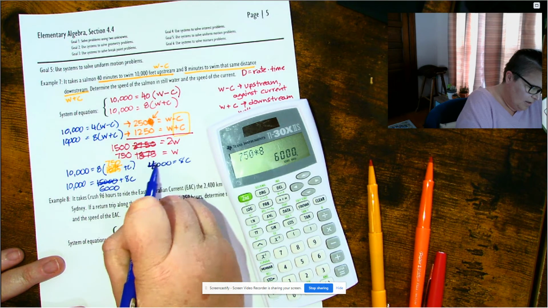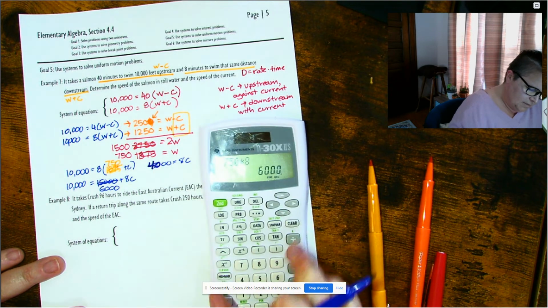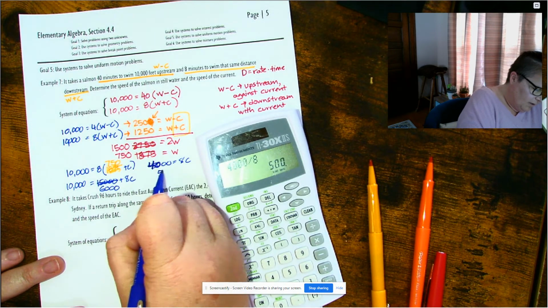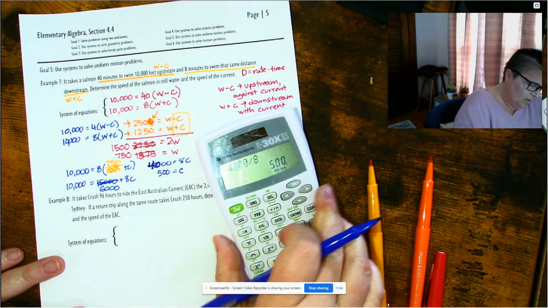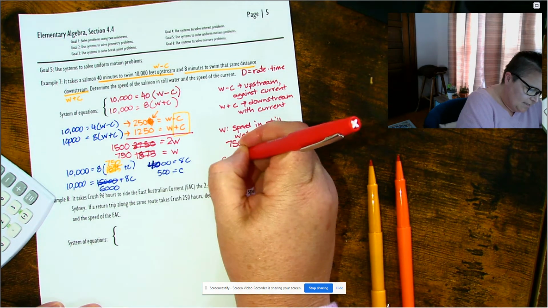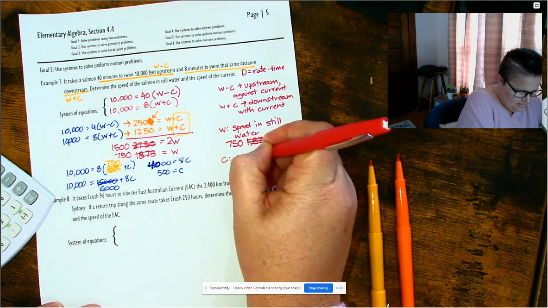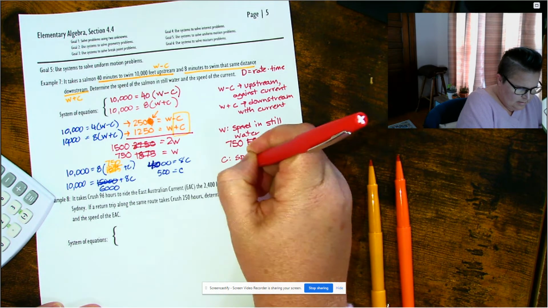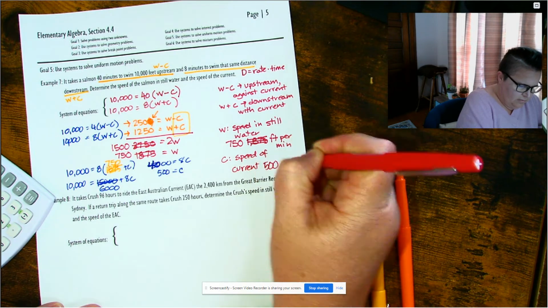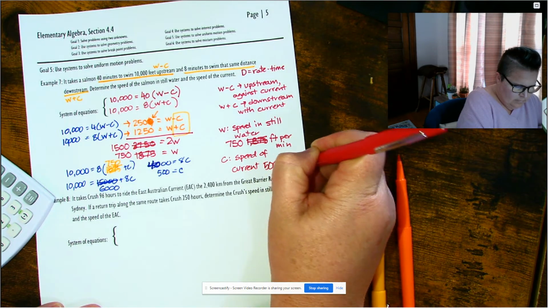Aha. 4,000 is 8C. Divide that by 8, and I get 500 is C. Okay. All right. C is the speed of current. And that should be 500 feet per minute.